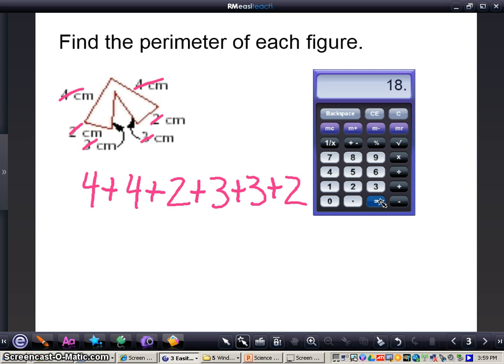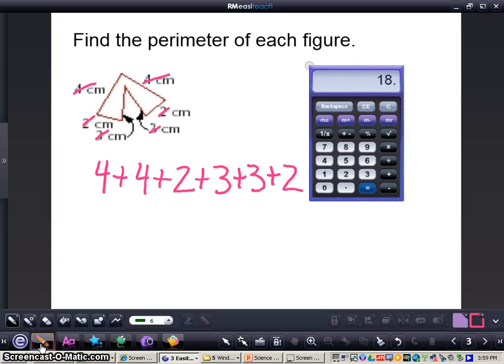That gives me 18. I need to make sure I'm labeling this properly. That will give me 18 centimeters, not centimeters squared, that's area, just 18 centimeters.